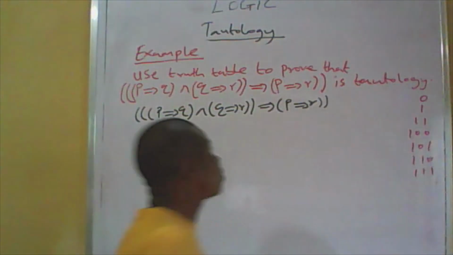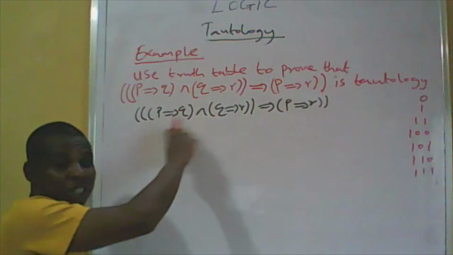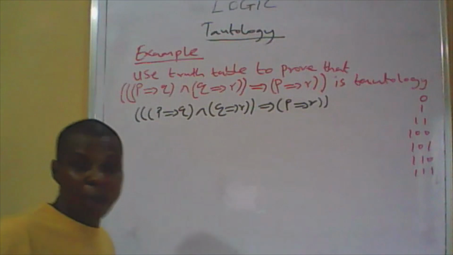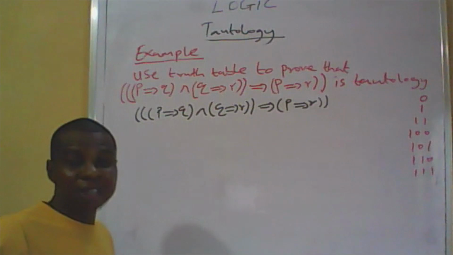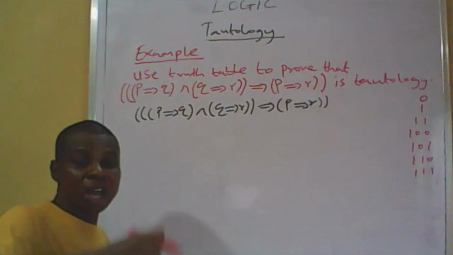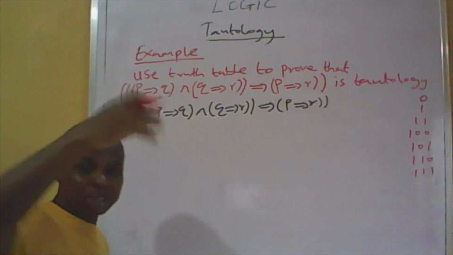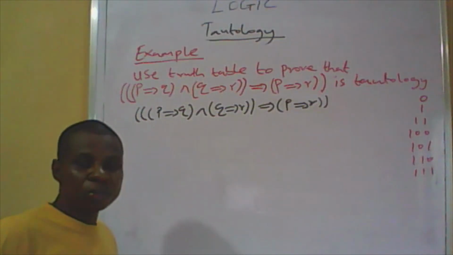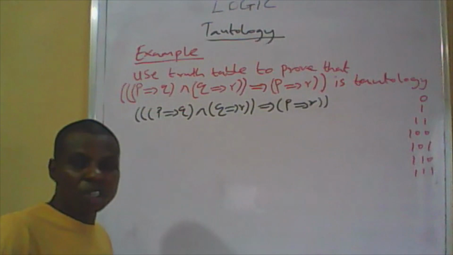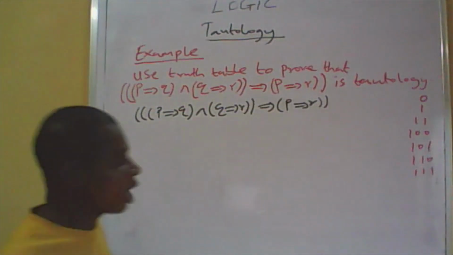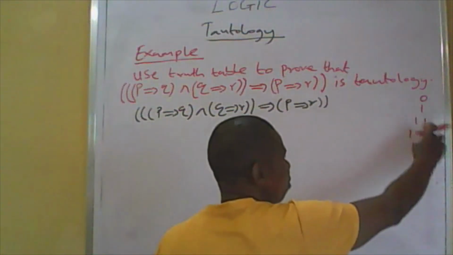Since we have 3 simple statements involved in this statement, our formula is 2 power n, where n denotes the number of simple statements involved in the statement form. That means we are going to have 2 power 3, which is equal to 8. That's why we stop at 8. So if you count, we have 1, 2, 3, 4, 5, 6, 7.